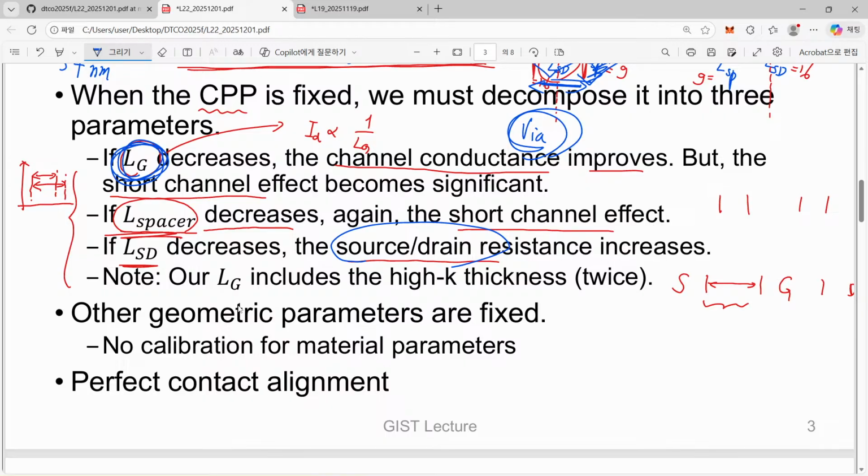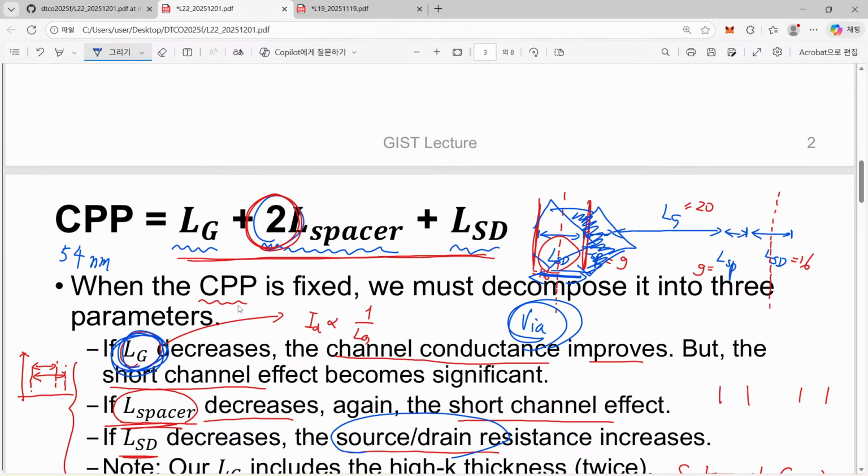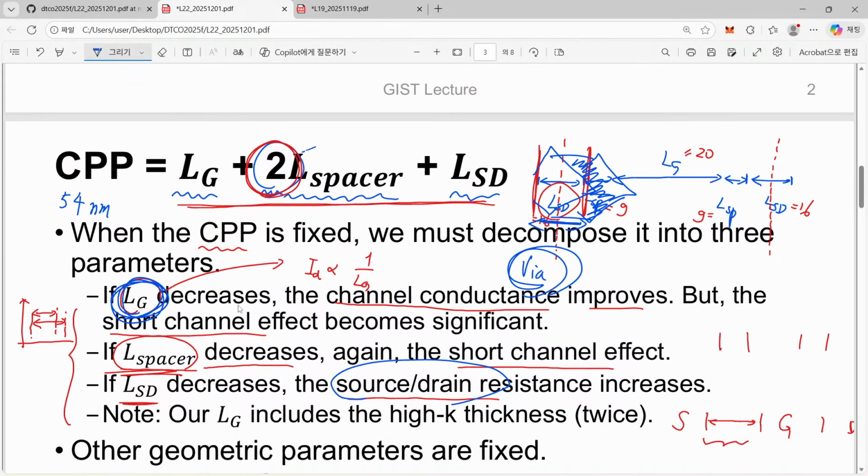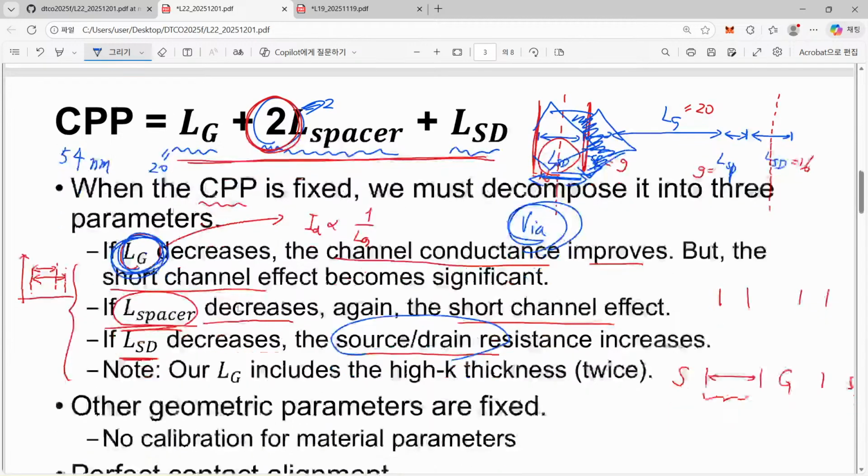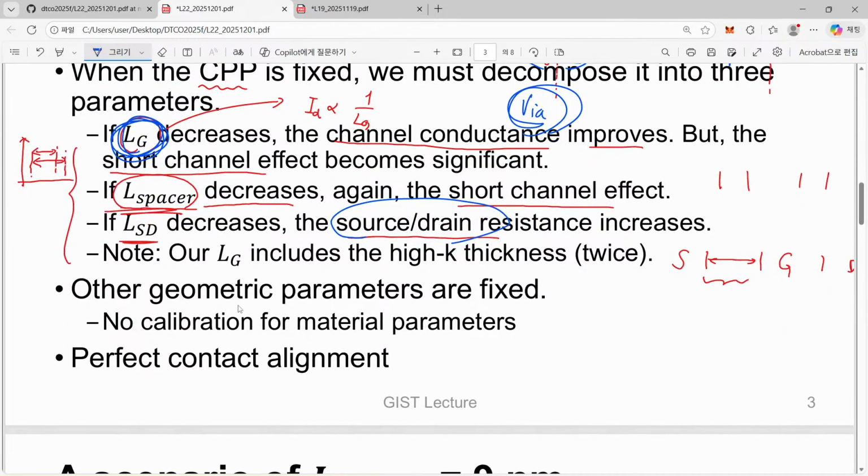Please note that when I say LG equal to 20 nanometer, my convention refers to the dummy gate length. So what is this? We first define the dummy gate. After that, when we really make our gate stack, first of all we make an interlayer.